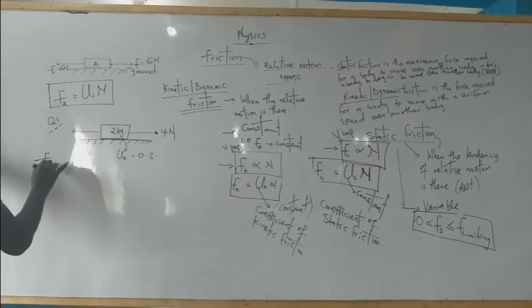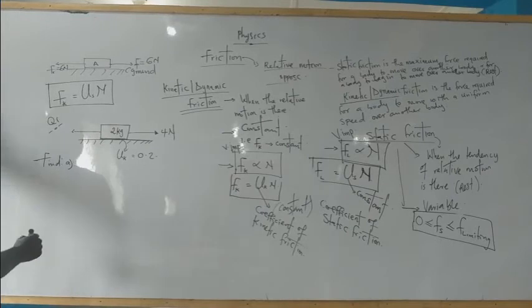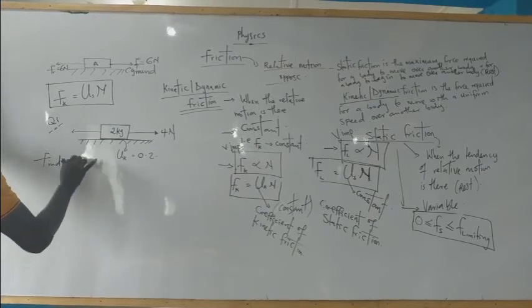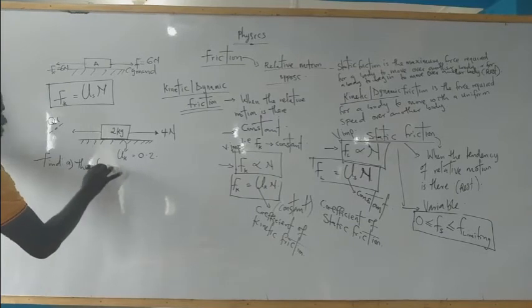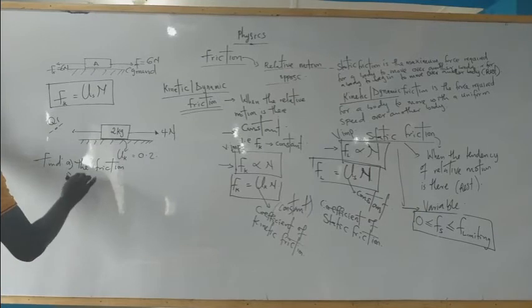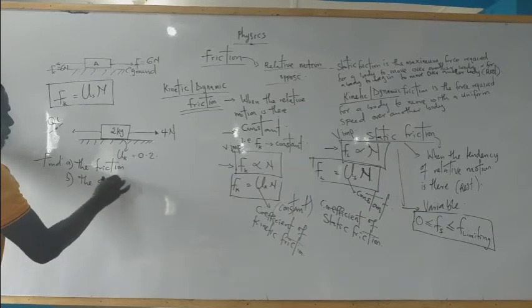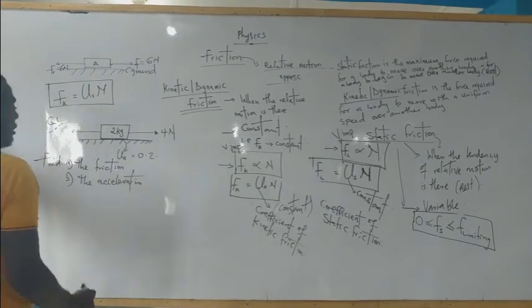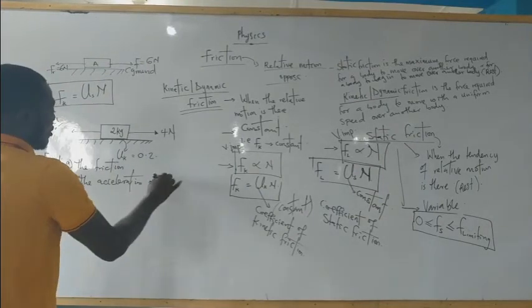Find A, the friction, and B, the acceleration of the box.